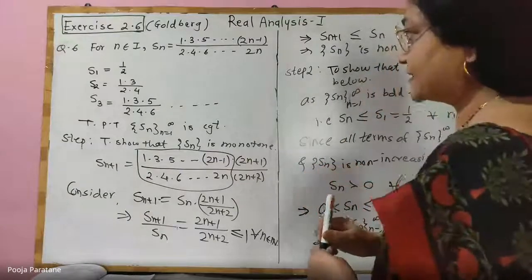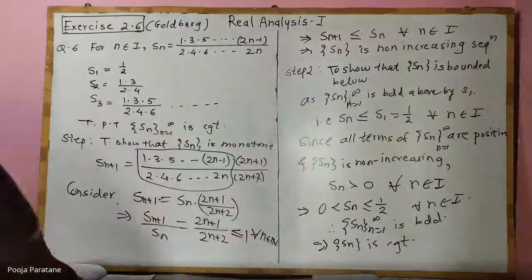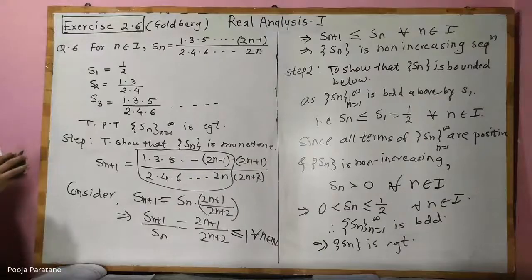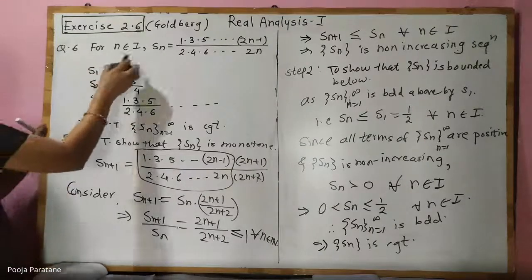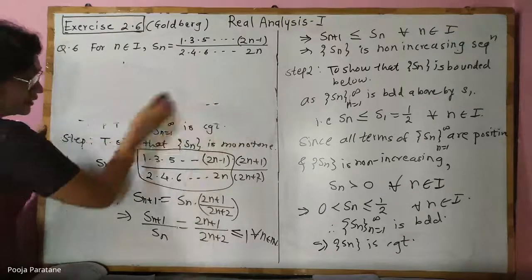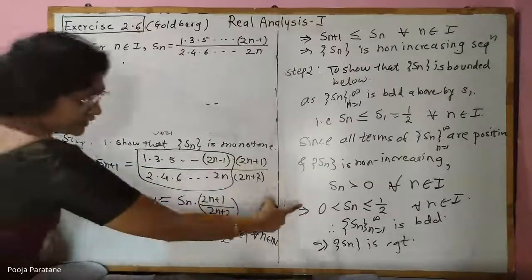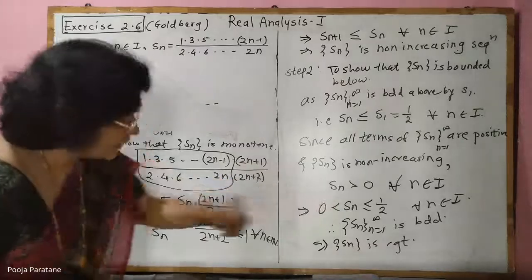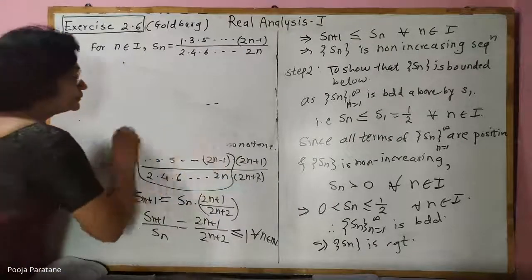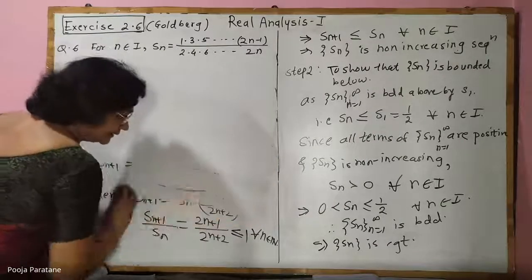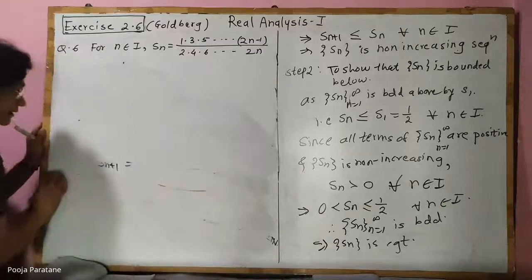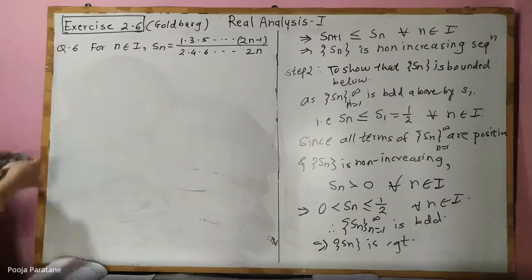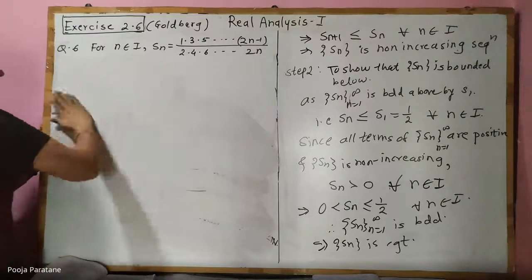Now the next part in this example which we want to show is that the limit of Sn is less than or equal to 1 upon 2. So here it is clear that if we take limit throughout, then the limit of Sn is less than or equal to 1 upon 2. So let us write it.